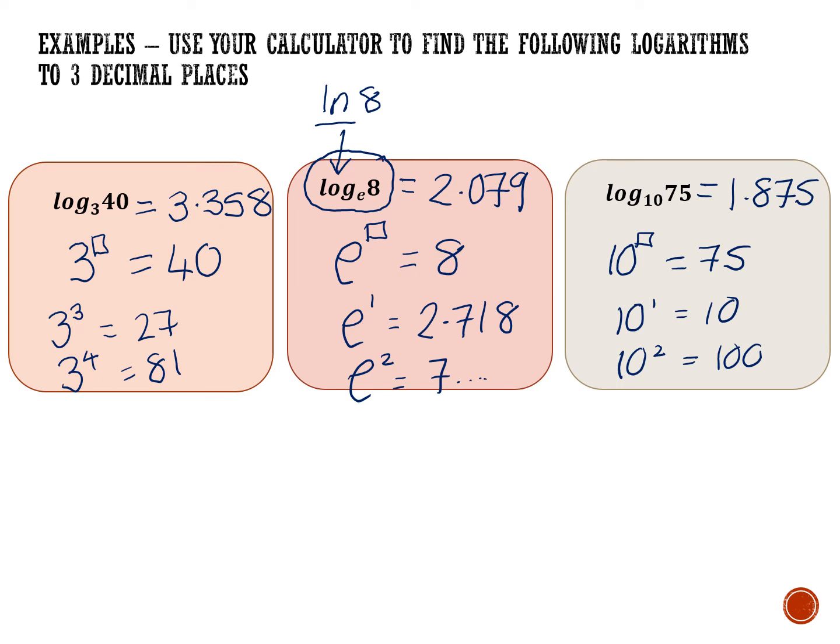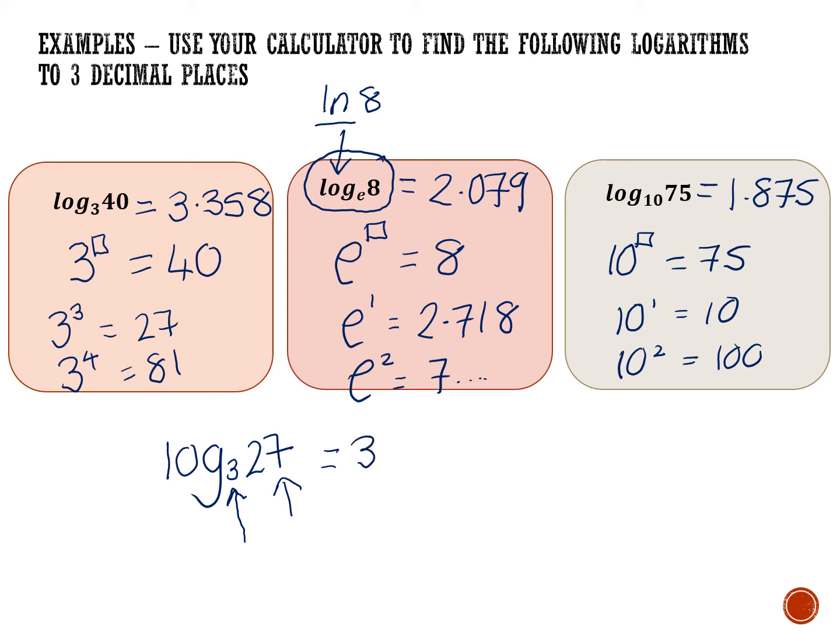Okay, so you can use your calculator to type them in to work out exact values of logs, but I can't emphasize enough the importance of understanding what that means. So you should be able to write down things like log to the base 3 of 27, and without typing that into your calculator, you should know that I'm saying what power do I raise 3 to get 27, so you should all be able to tell me that that's 3.